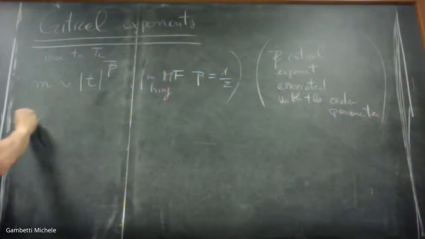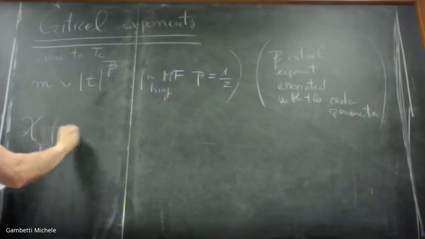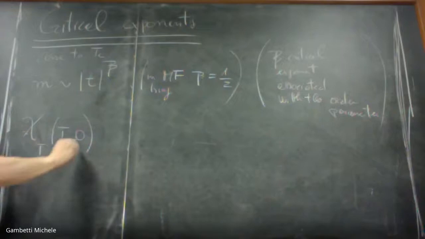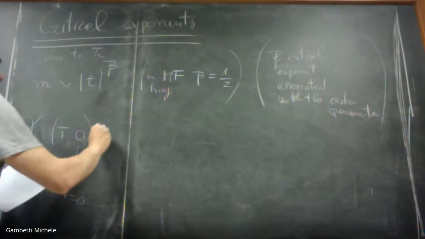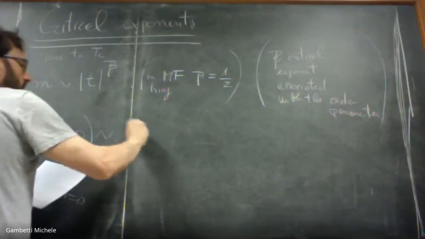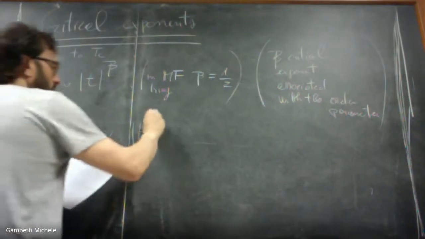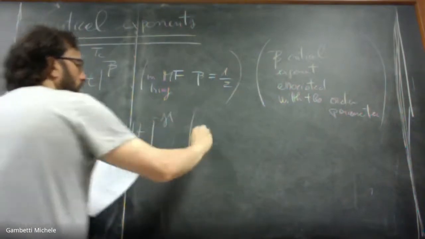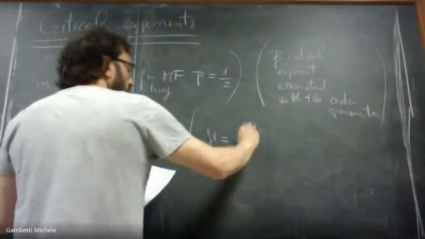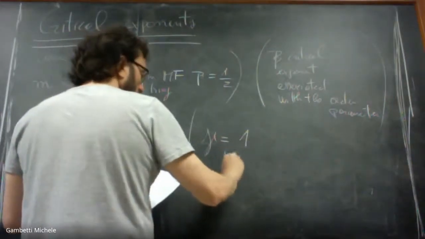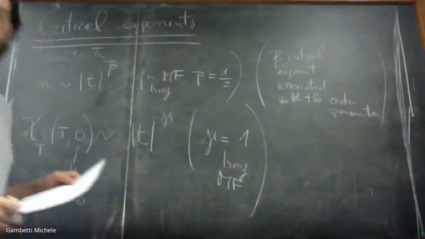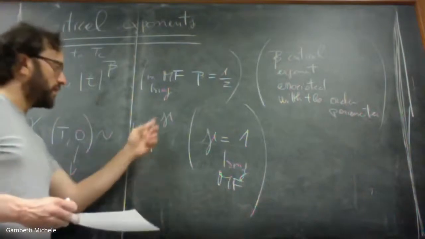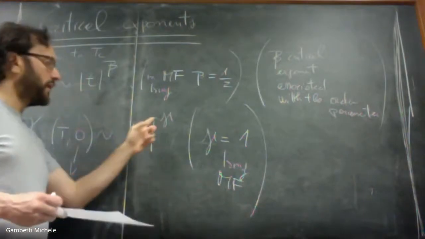Then we have also derived the isothermal susceptibility at H equals 0. That had a scaling that goes like the modulus of T to the power of minus gamma, where gamma is equal to 1, again in the Ising mean field. Again, there's no reason it's called gamma, it's just a choice, and we put a minus there.